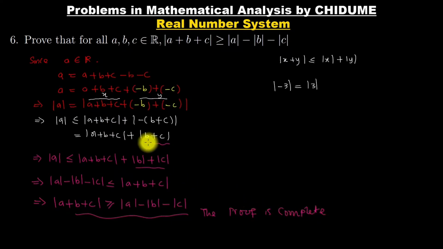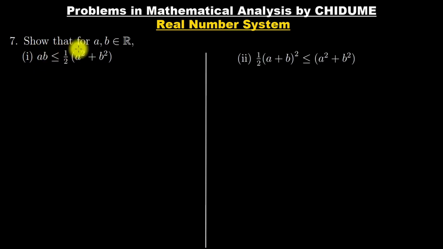So let's move ahead to the next question. In this question, it says show that for a, b in R, ab is less than or equal to 1 over 2 open brackets a square plus b square close brackets. Now since a and b belong to R, you recall from the field property of R that if I have b in R, there must also exist negative b in R. So since a belongs to R, a plus negative b must also belong to R. That's the closure property of real numbers.